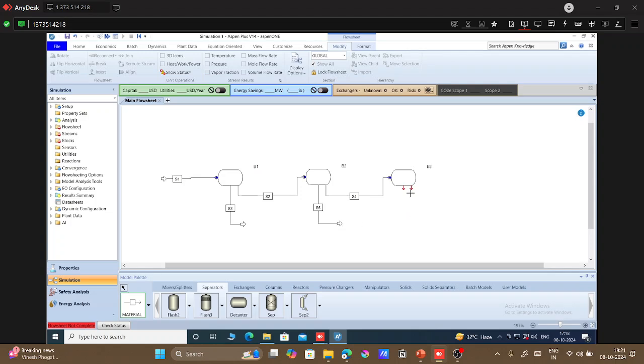Extract 2. Raffinate of third decanter. Extract of third decanter. In every decanter, water is coming, so we will add water stream for all.